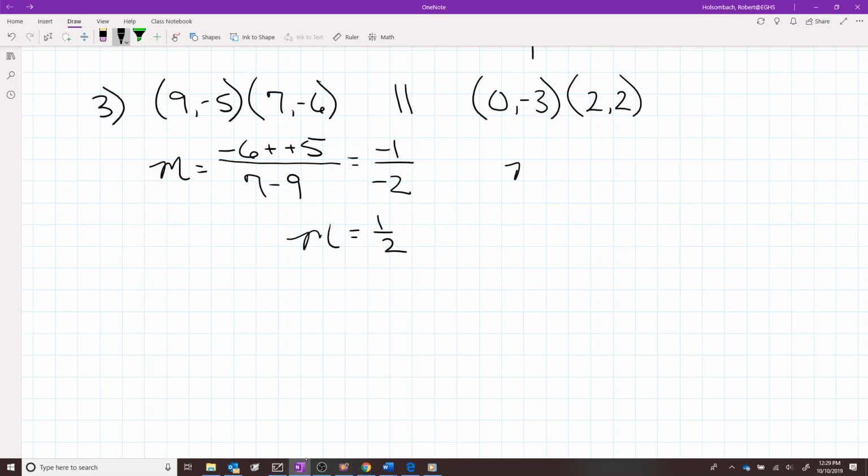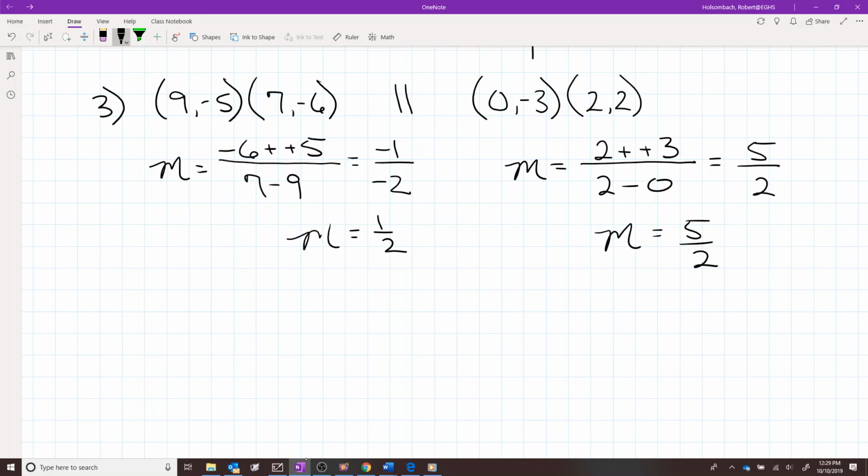The slope of the line on the right is 2 minus negative 3 over 2 minus 0. If you keep change, you get a 5 over 2 minus 0 is 2. The slope of this line is 5 over 2. The slopes are not the same, so they are not parallel.